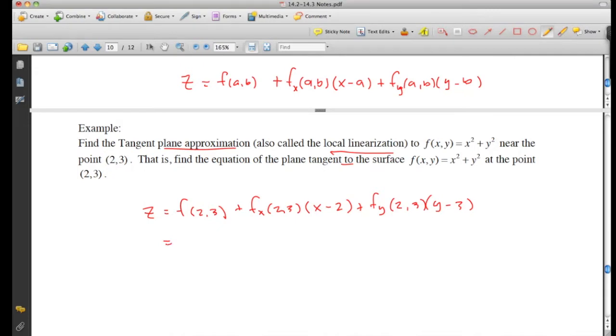All right, so f of 2, 3, that's simple. Just put 2 and 3 in here. 2 squared is 4. 3 squared is 9. 4 and 9 is 13.